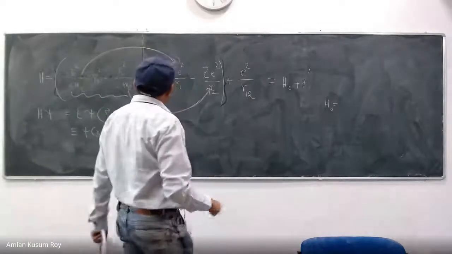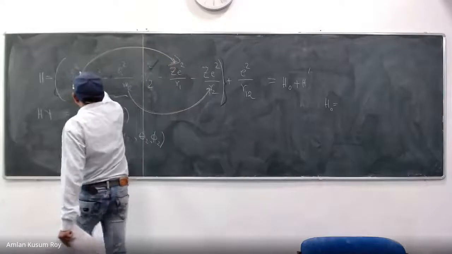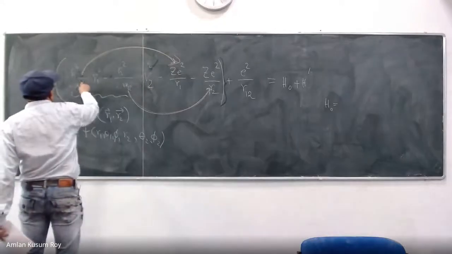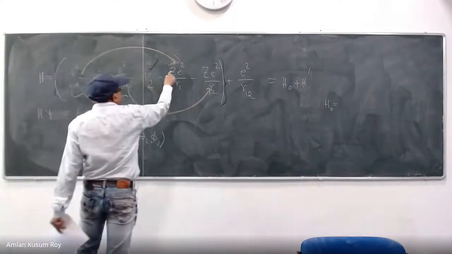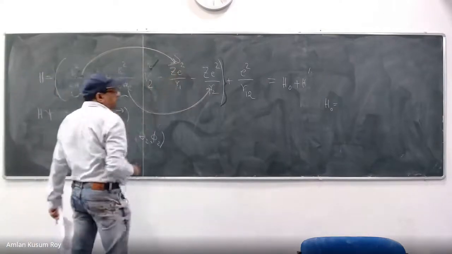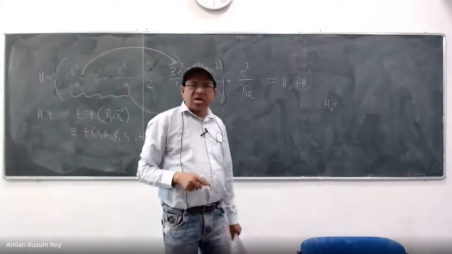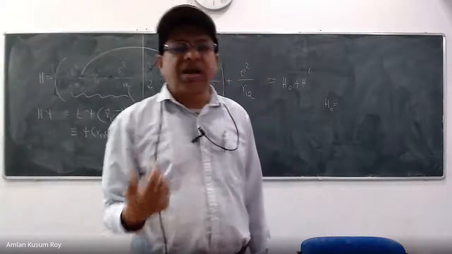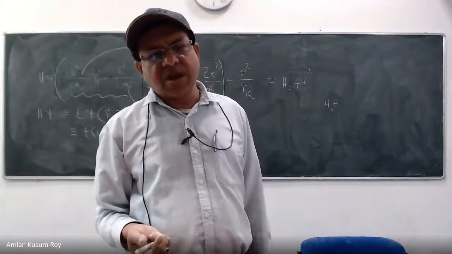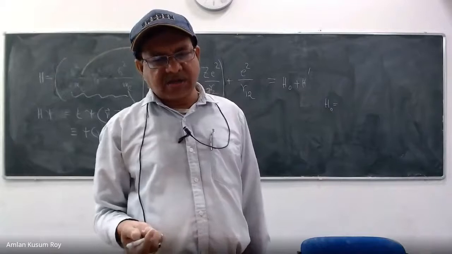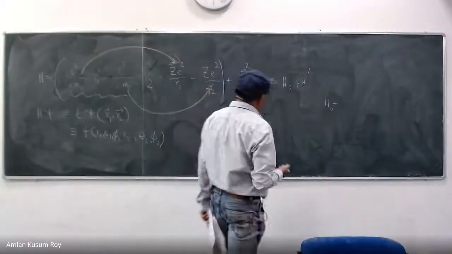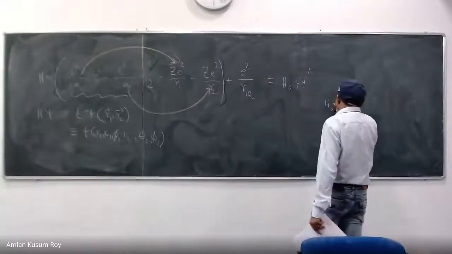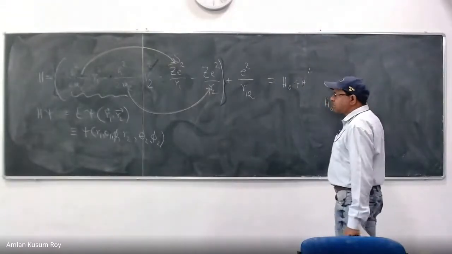Because this Hamiltonian, minus H cross square over twice ME grad 1 square minus ZE square over R1, is actually the Hamiltonian corresponding to a hydrogen-like atom. It is not a hydrogen atom. That is the reason I am discussing this problem: you have confusion about the hydrogen atom problem. But it is not a hydrogen atom, it is a hydrogen-like atom.